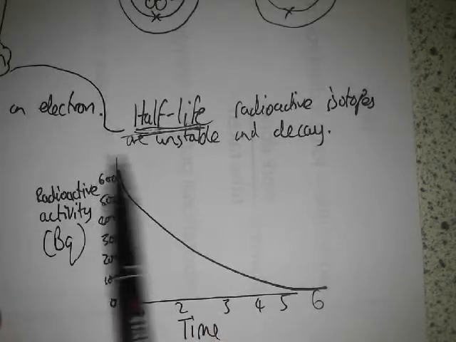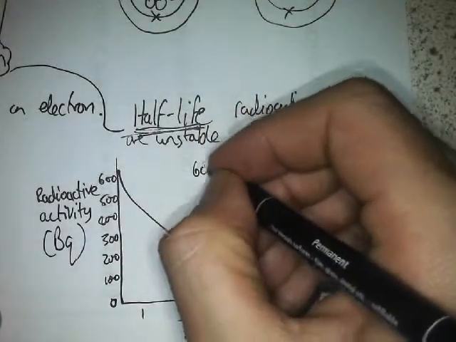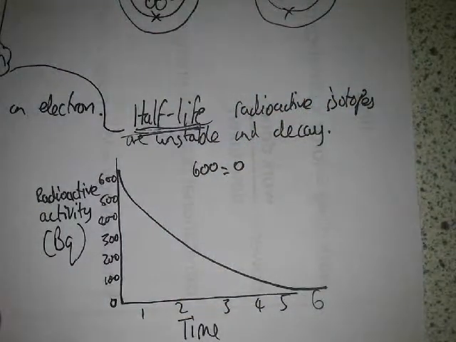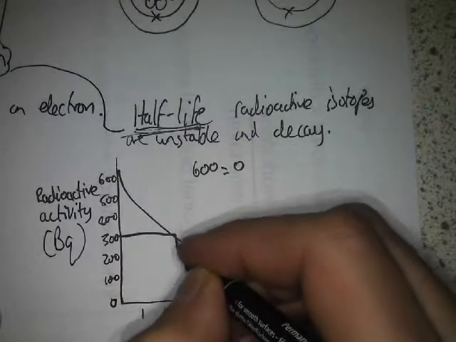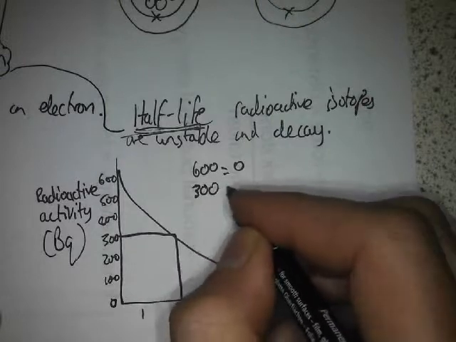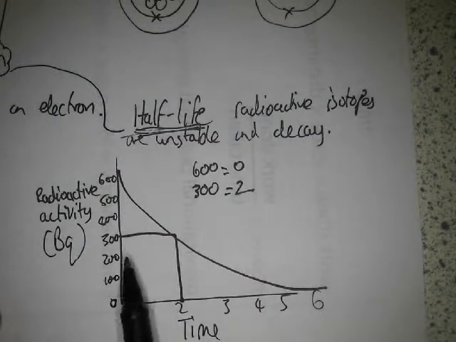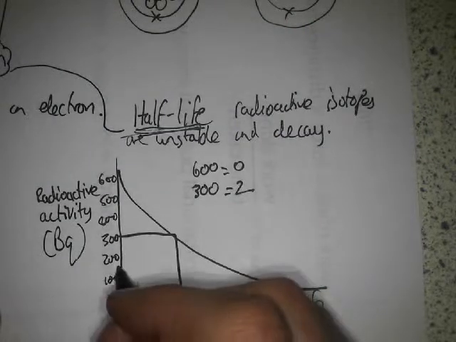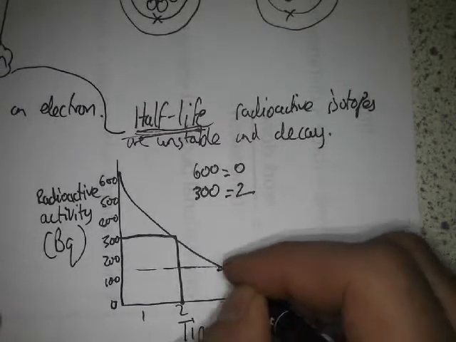So from 600, we need to go to half of 600, which is 300. That is at 2. So its half-life is 2. Or you could do 300 to 150.